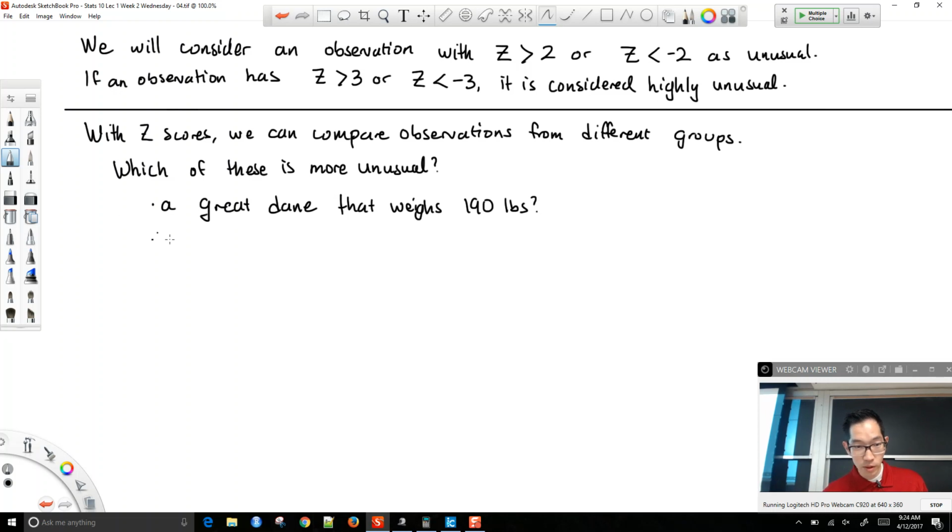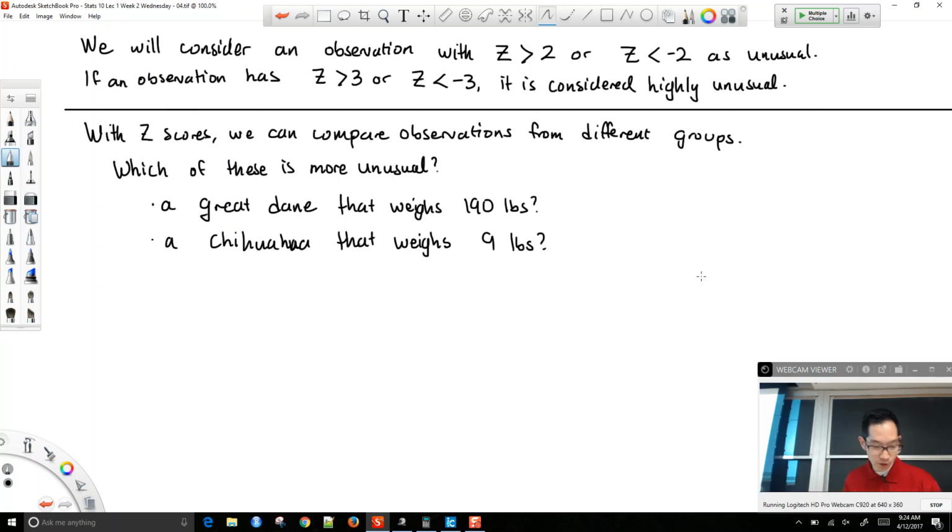Or a Chihuahua that weighs 9 pounds. Okay, so which of these is more unusual? A Great Dane that weighs 190 pounds, big dog, or a Chihuahua that weighs 9 pounds?